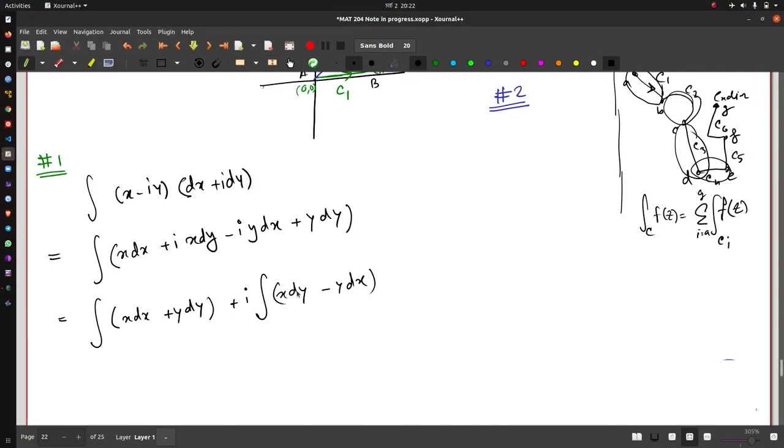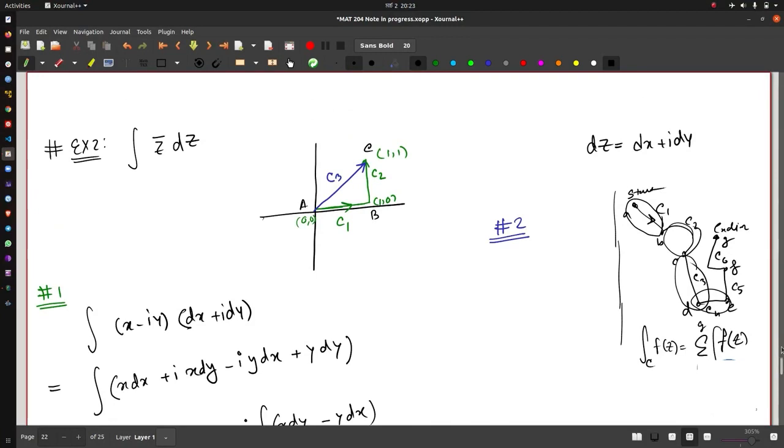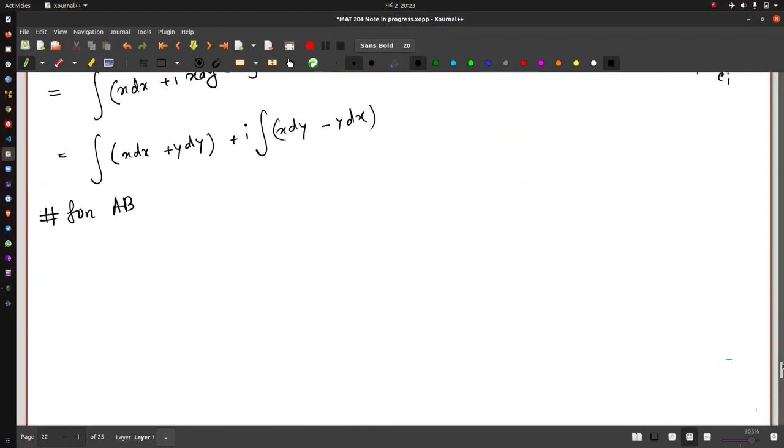Now let's consider path AB. For AB, we can see that only x varies, the value of y remains constant, and that constant value for y is 0. So for AB, y equals 0, which remains constant, so dy is also 0. But x varies from 0 to 1, so instead of doing a double integral, we have to do a single integral.